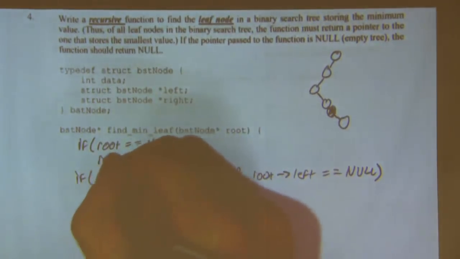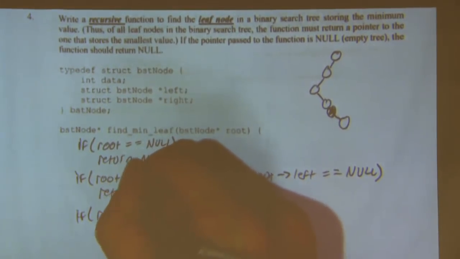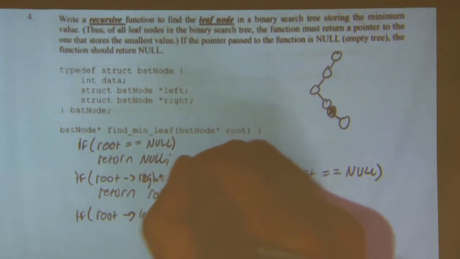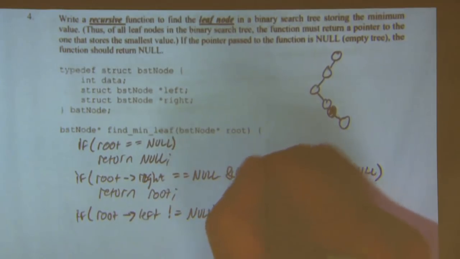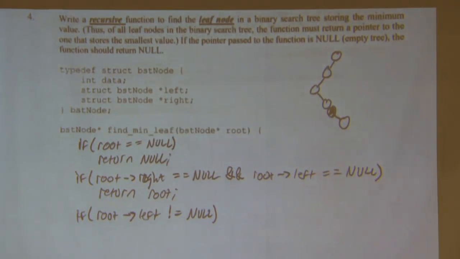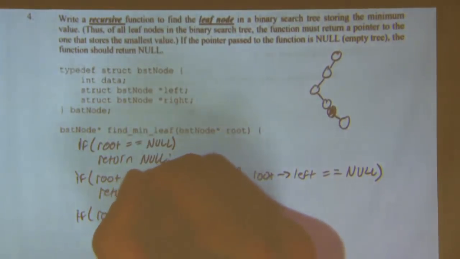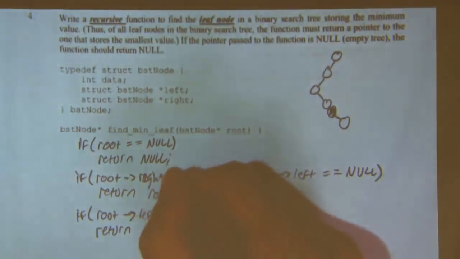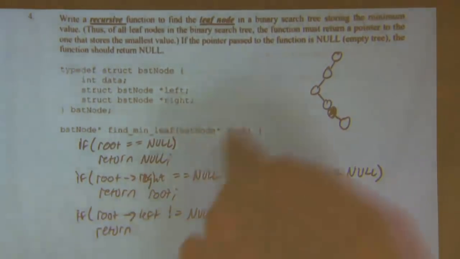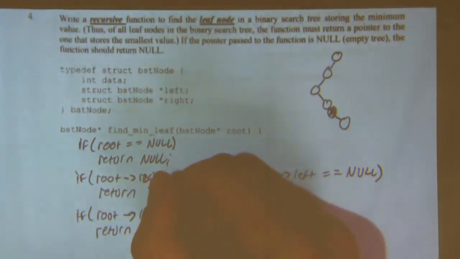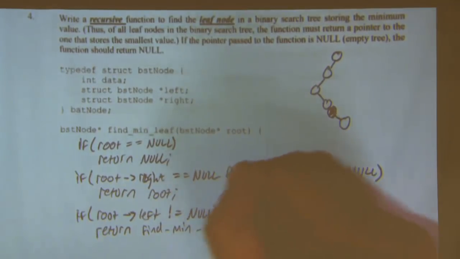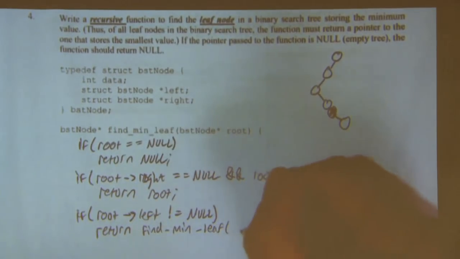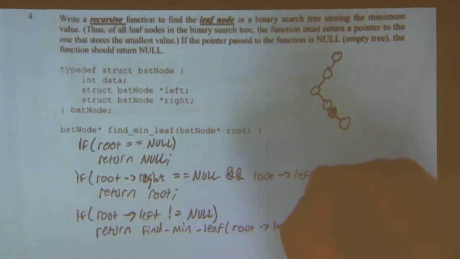So I say if root left is not equal to null. So if there is a left node, we want to move to the left. And we're going to return this, and I'll talk about that in a second. So we'll do return find min leaf, and then we're going to pass it the root left.